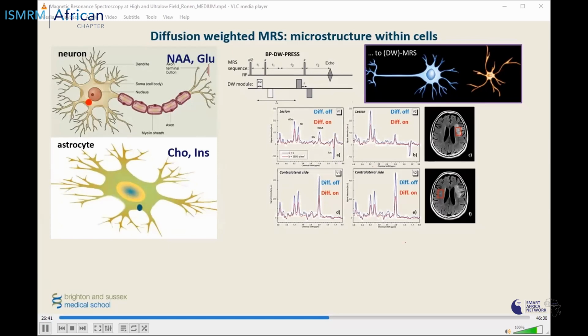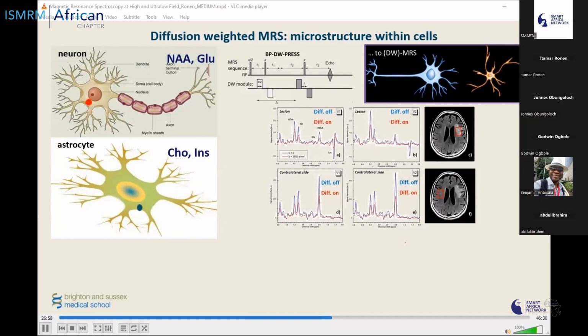And that means that if we take those two signals, one without diffusion weighting and one with diffusion weighting, we can calculate the diffusivity of N-acetyl aspartate in a very similar way that we can calculate the diffusivity of water from diffusion weighted imaging. Only that we can do it now for all the other molecules for which we have data, for example, lactate or the creatine or the choline, and each diffusion coefficient of each molecule will give us something related to the milieu in which those molecules diffuse, meaning the cell populations in which they are found.